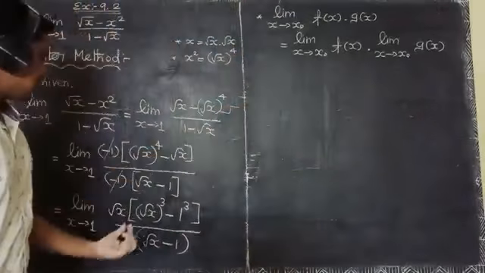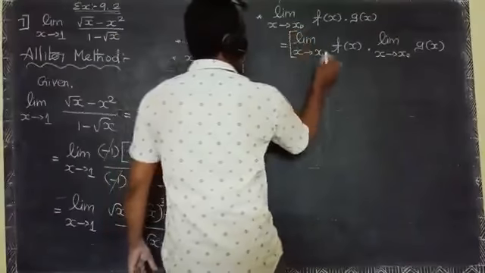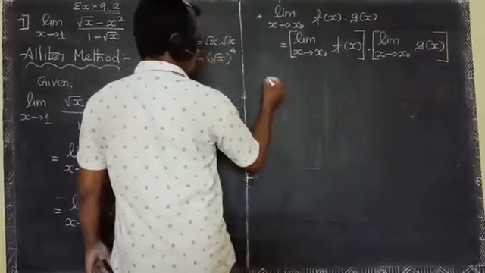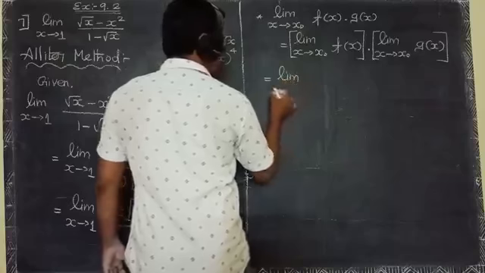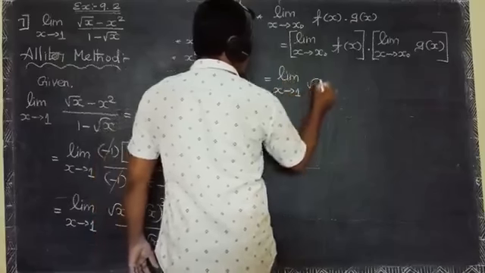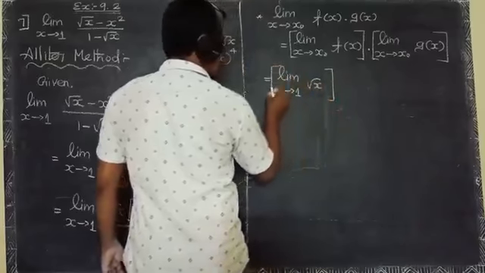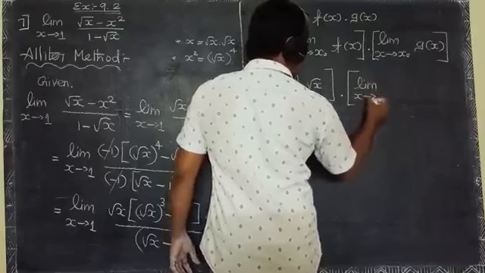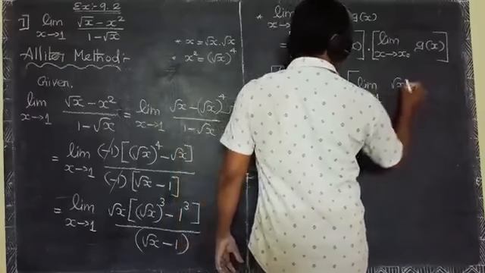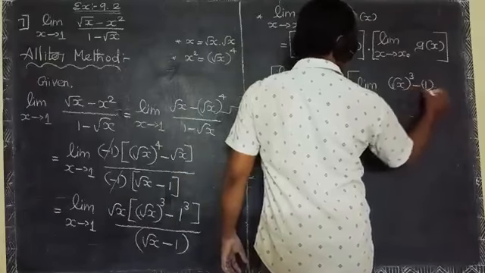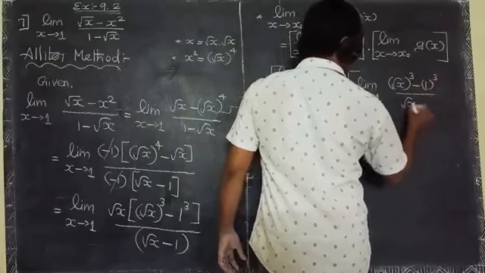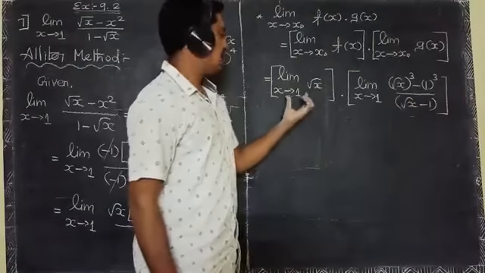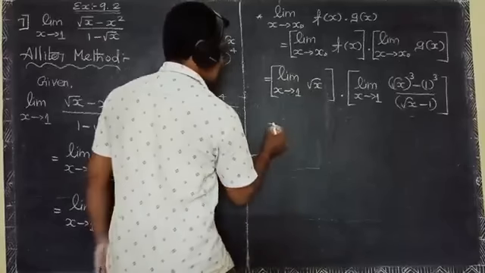Using this property here, that is limit x approaches 1 of root x into limit x approaches 1 of (root x power 3 minus 1 power 3) divided by (root x minus 1). In the first f of x, replace x equal to 1, that is root 1.